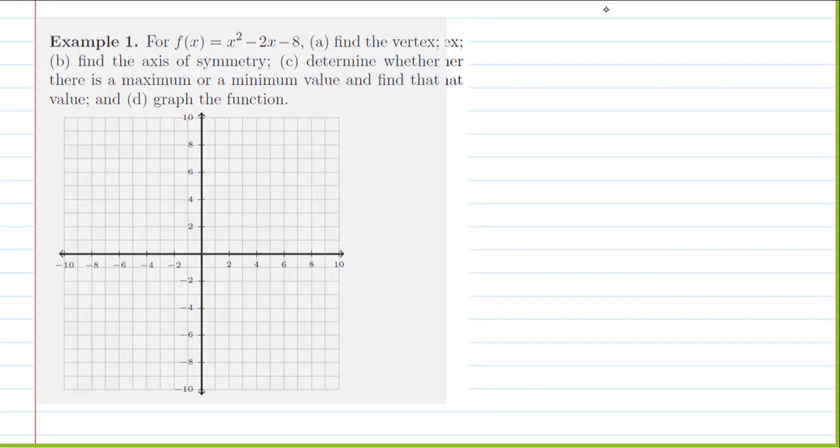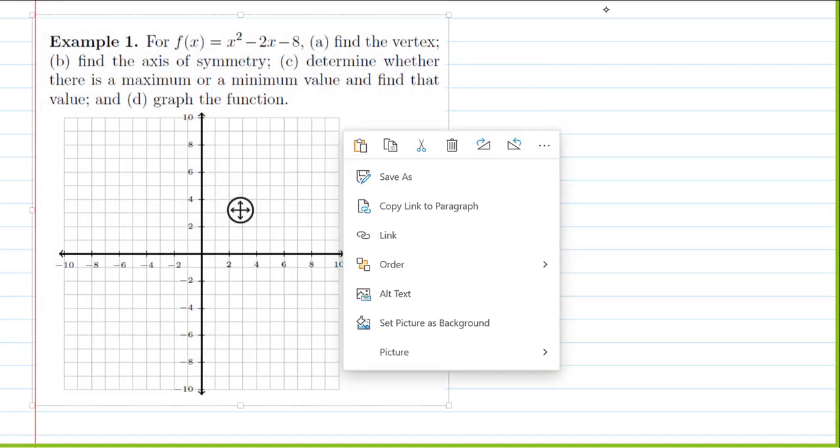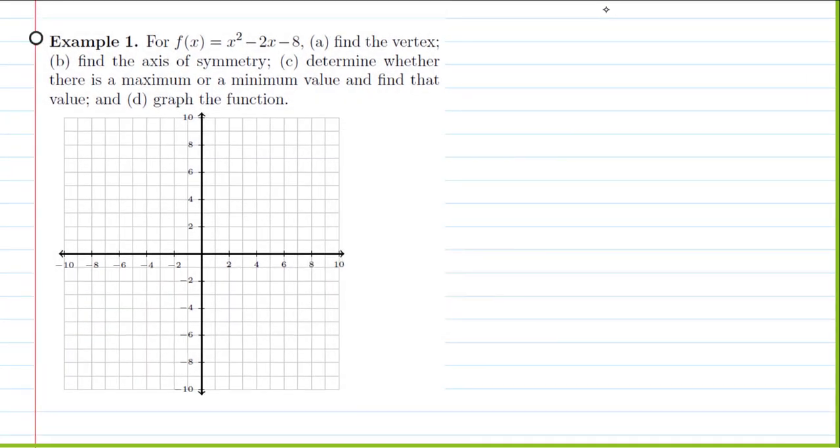So for f of x equals x squared minus 2x take away 8, we want to, b, find the vertex, find the axis of symmetry, c, determine if there's a max or a min value, and find that value, and d, graph the function. So we're going to identify our a, which is 1, our b is negative 2, and our c is negative 8.